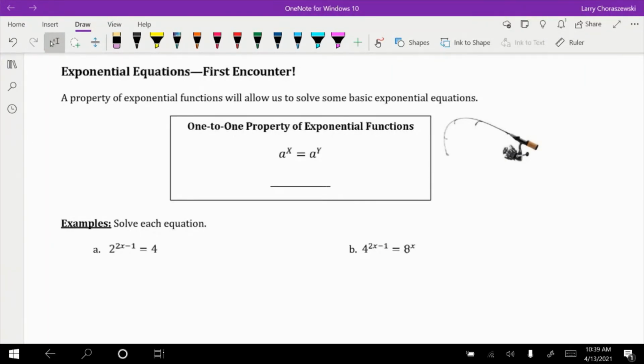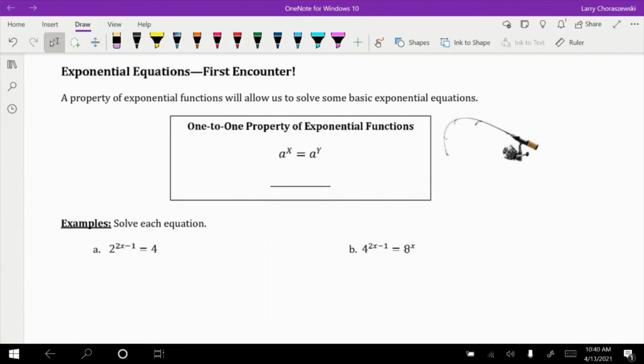But overall, our last topic for this section is solving equations where the variable is in the exponent. These are the basic ones. As we get further in chapter 6, we'll have some more advanced types of these equations. So that's why I'm calling it a first encounter.